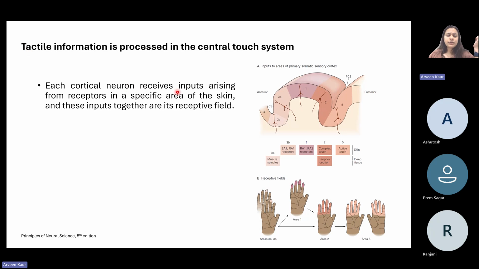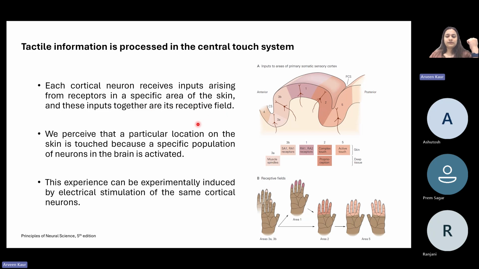So each cortical neuron receives input arising from receptors in a specific area of the skin, and these inputs together are its receptive field. So we perceive that a particular location on the skin is touched because a specific population of neurons in the brain is activated, right over here. This experience can be experimentally induced by electrical stimulation of the same cortical neurons, right?